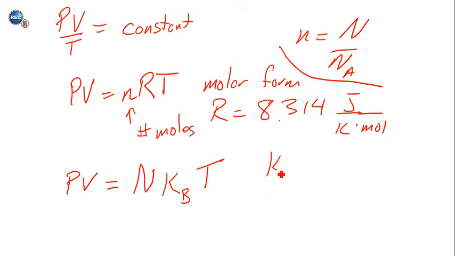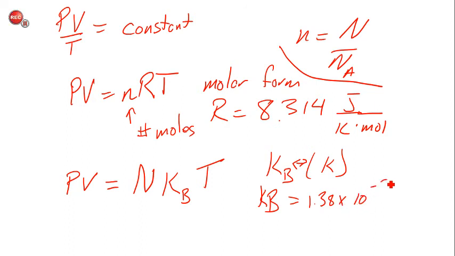So this k sub b is what we call Boltzmann's constant. And I'll often call this k. They're interchangeable in a sense. This is a constant. You can look it up. It is 1.38 times 10 to the minus 23 joules per Kelvin.